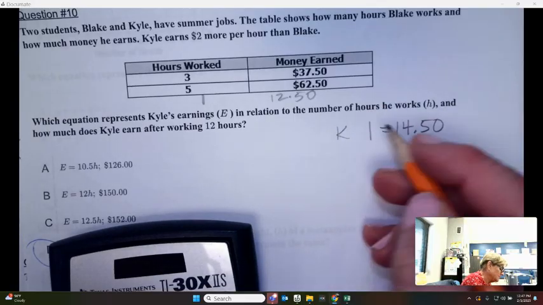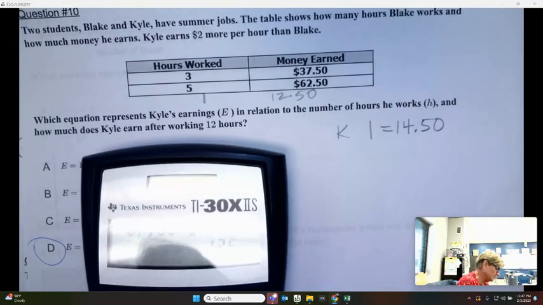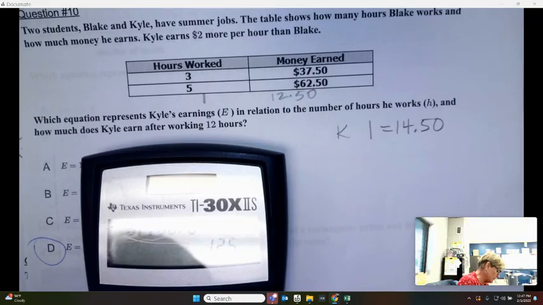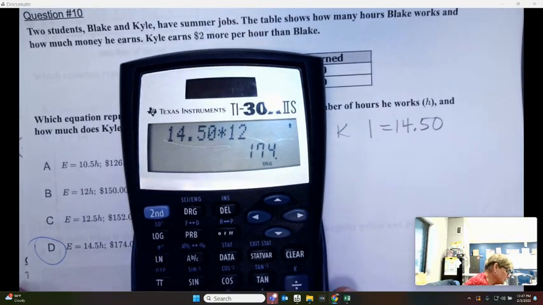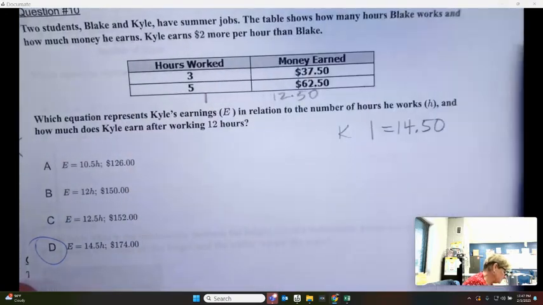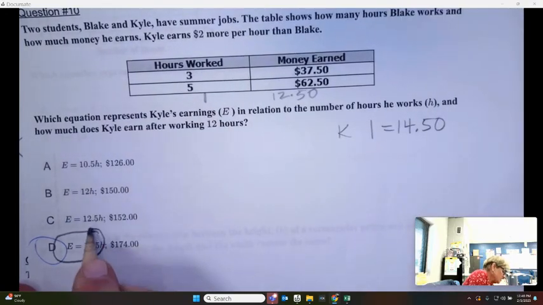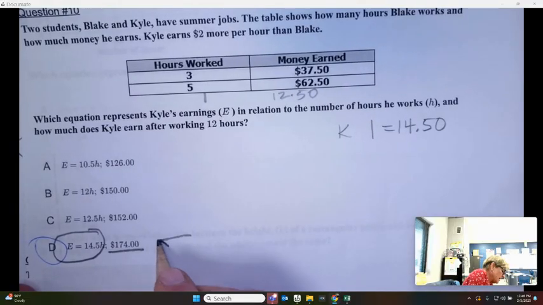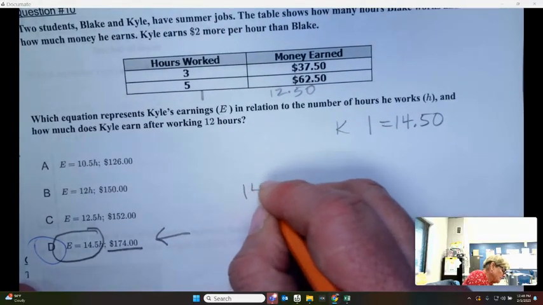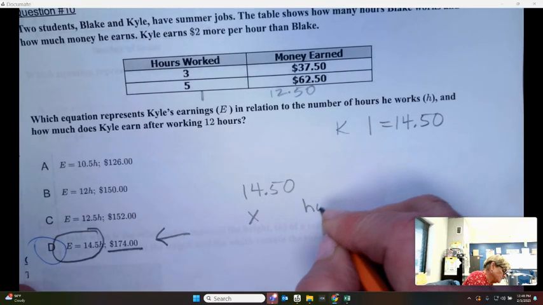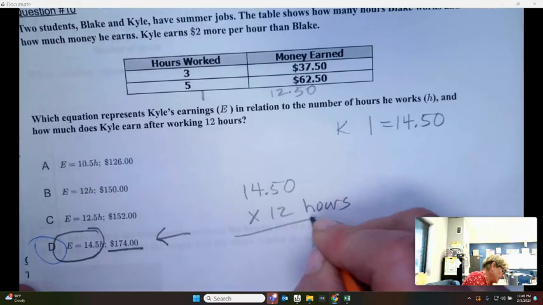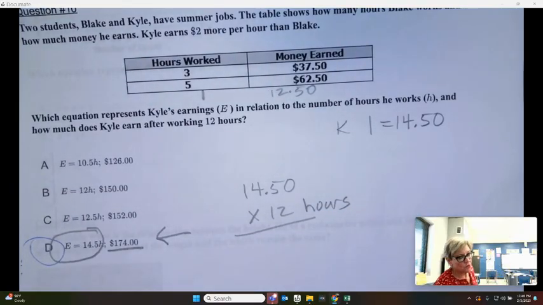Well, it's going to be $14.50 times 12 hours, I would think. $14.50 times 12 hours equals $174. There is your equation that we just did. There's your answer. So there it is. You're going to take the rate of $14.50 times the number of hours, and that gives us the $174.